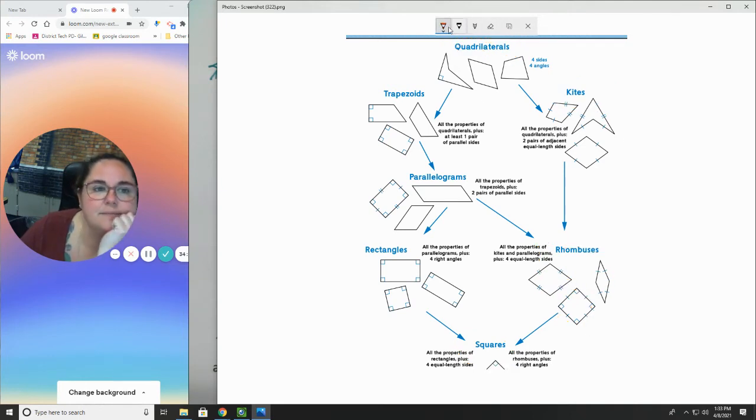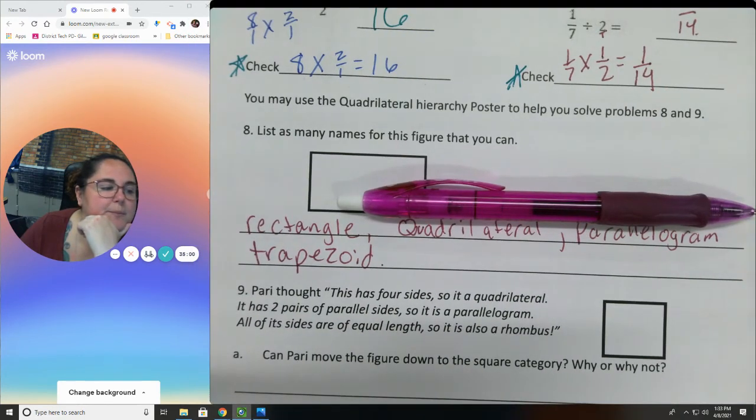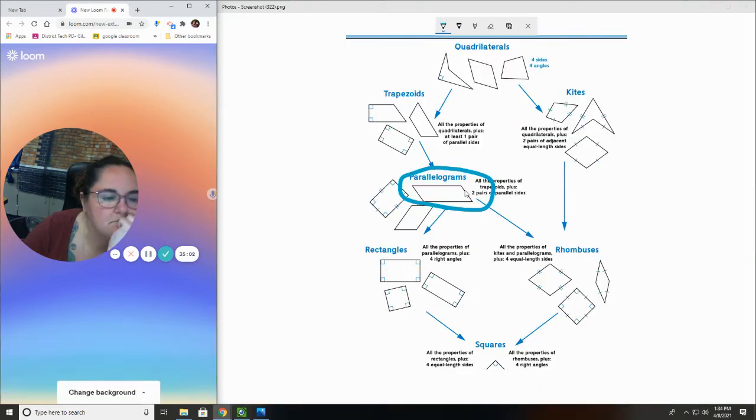Let's try another one. What if my shape was this one right here? What other names could this shape be called? Okay, let's see.